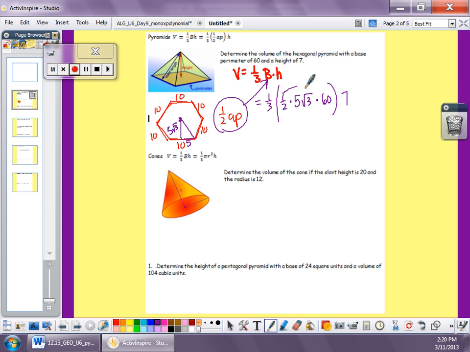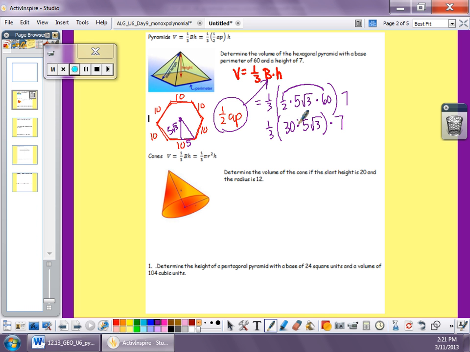So I'm going to take half of 60 to give me 1/3 times 30 times 5 square root of 3 times 7 on the end. I can either do 30 times 5 is 150, and then a third of that would be 50.